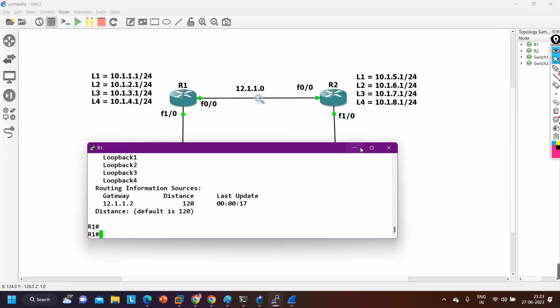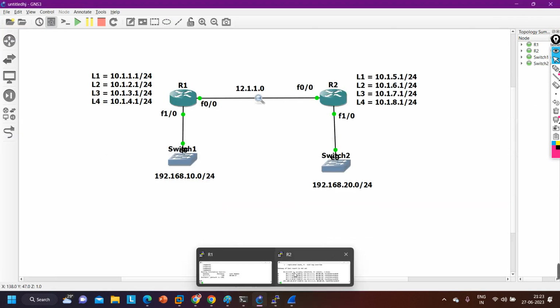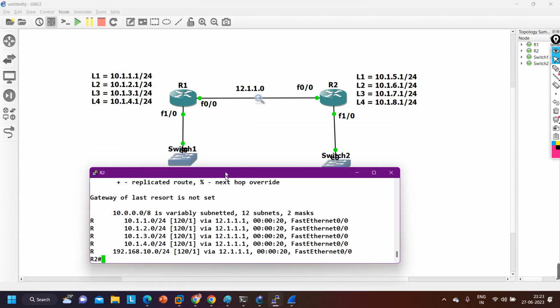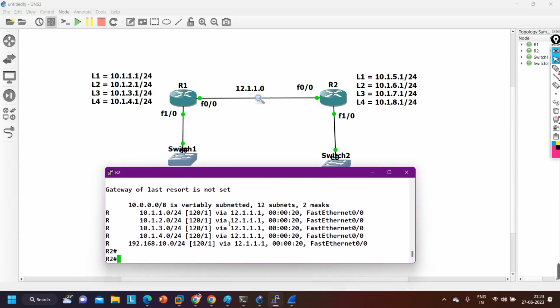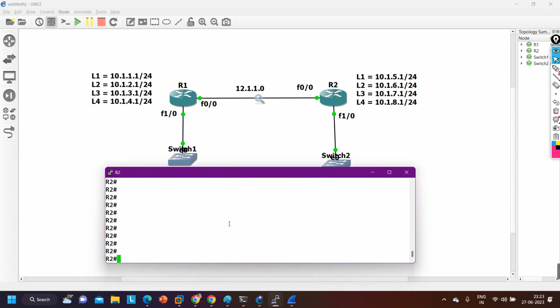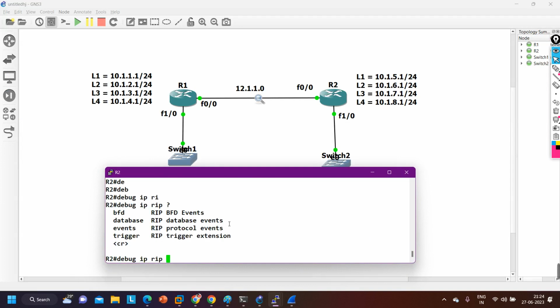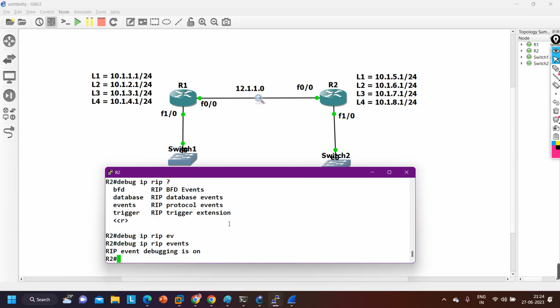In the same way we will configure passive interface on R2 as well, because now if you want to see whether the router is forwarding update messages from the loopback interface or not, you can enable debugging. Debug ip rip events.